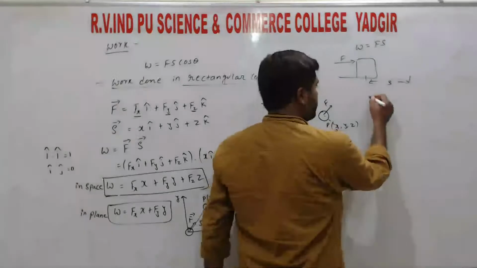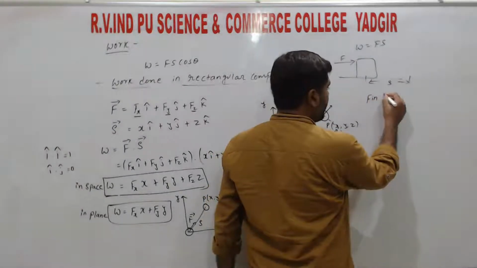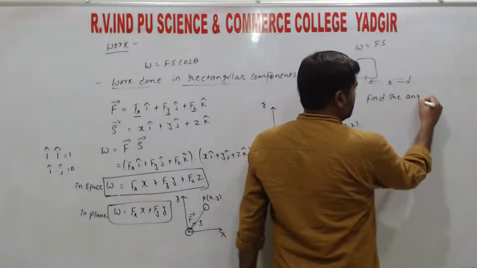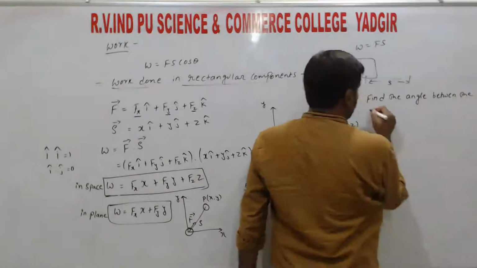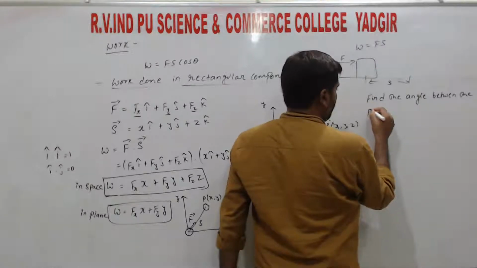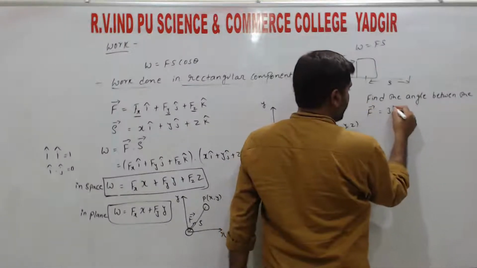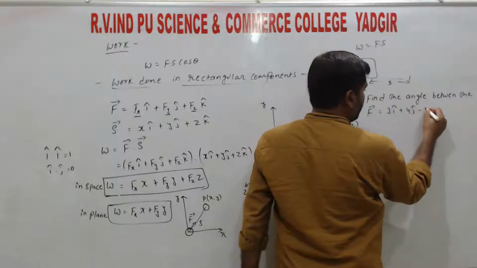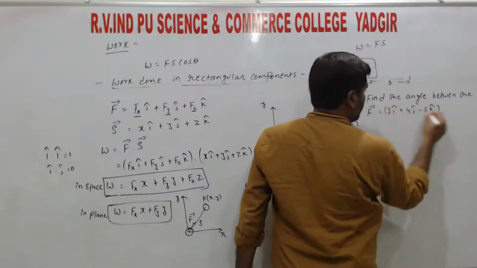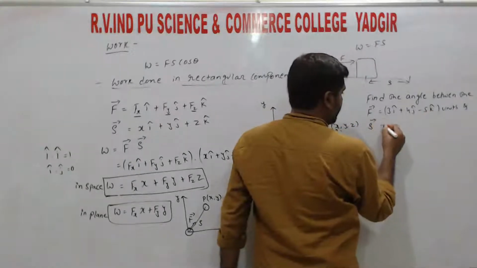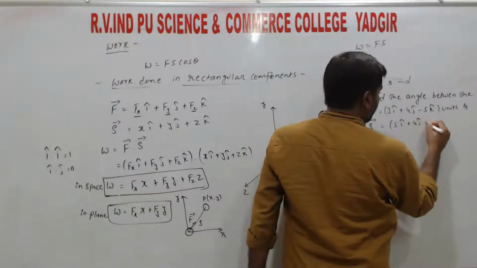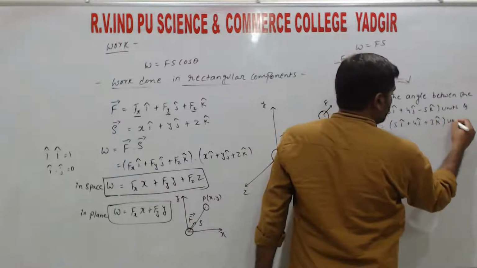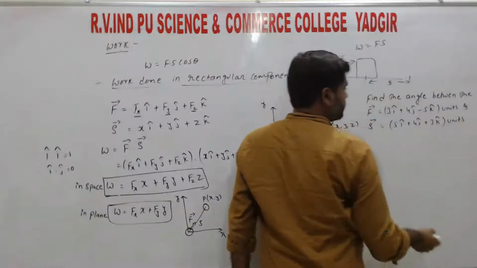So by using this, we have one problem. Find the angle between the force given as 3 i cap plus 4 j cap minus 5 k cap units and the displacement that is equal to 5 i cap plus 4 j cap plus 3 k cap units, right?